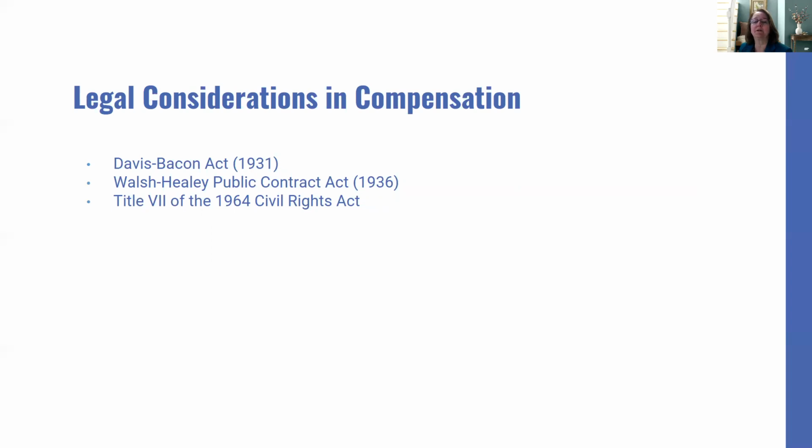In 1936, Walsh-Healy Public Contract Act sets basic labor standards for employees working on any government contract that amounts to more than $10,000. It contains minimum wage, maximum hour, and safety and health provisions, and requires time and a half pay for work over 40 hours a week.